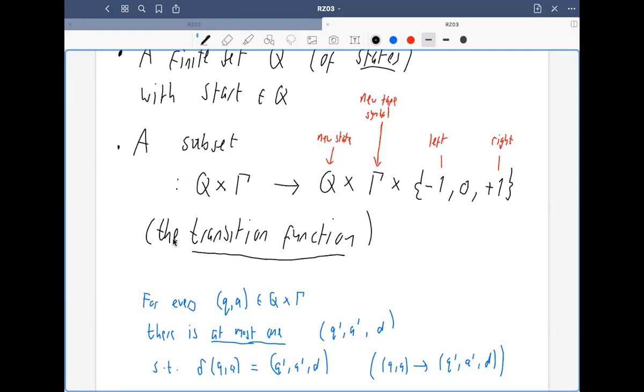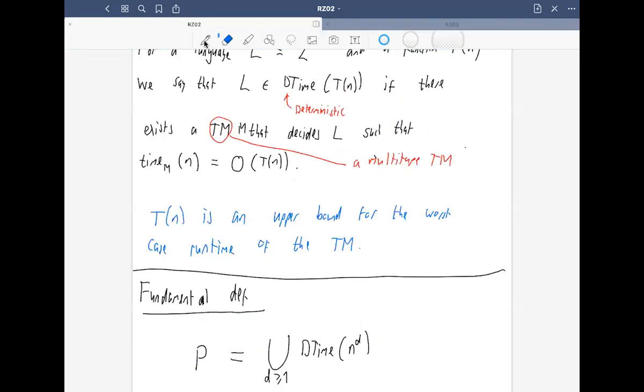And typically one uses a little delta for a transition function. But now we've got a transition relation, where there might be many different things we could do. One traditionally uses a capital delta for this. So I'm going to call this capital delta, and it's a subset. I'll still often call this the transition relation.